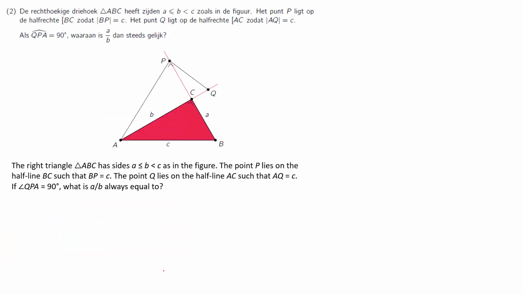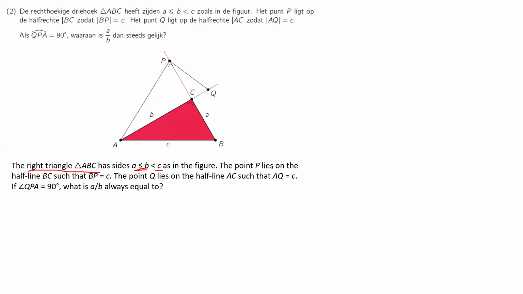Problem number 2 is relatively easy. It's a geometrical one. As stated, there is a right triangle ABC, where we have a right angle at C, where A and B are the two legs and c is the hypotenuse.